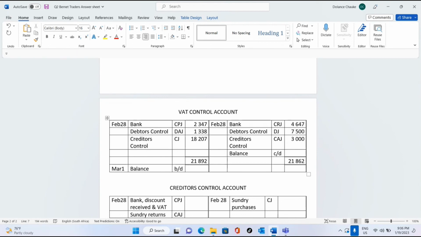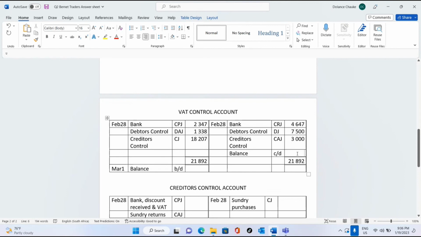21,892. And you know we're balancing, right? To balance, we say our total on the credit side is also 21,892. Then we say 21,892 minus 4647 minus 7500 minus 3000.